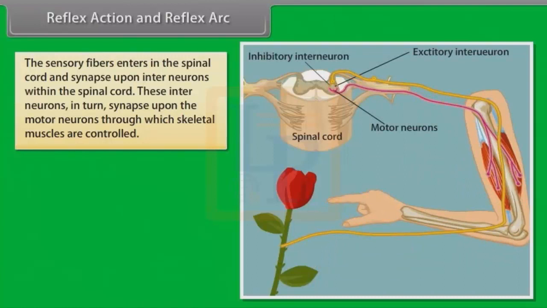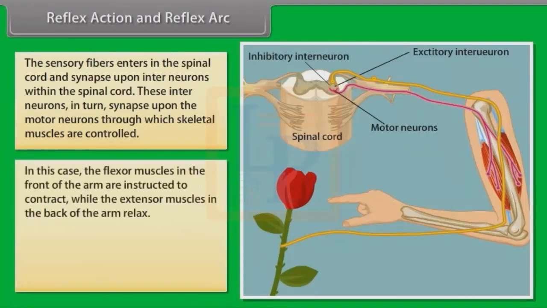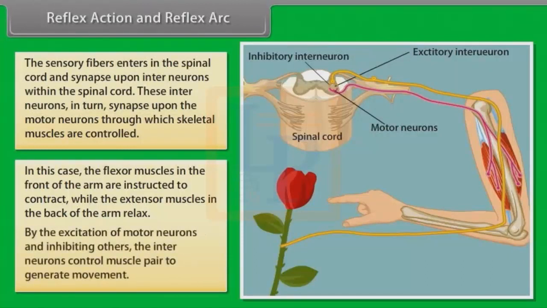These interneurons in turn synapse upon the motor neurons through which skeletal muscles are controlled. In this case, the flexor muscles in front of the arm are instructed to contract while the extensor muscles in the back of the arm relax. By exciting some motor neurons and inhibiting others, the interneurons control the muscle pair to generate movement.